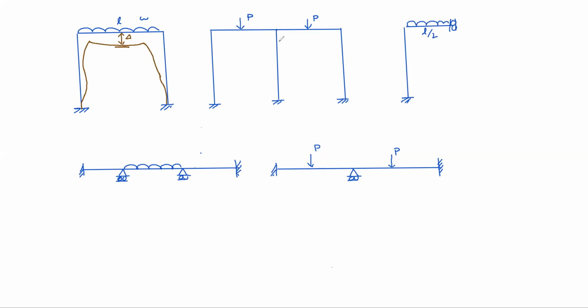Here, in the second one, if you draw that deflection pattern, something like this. Here, at the center, I mean at the axis of symmetry, you are not getting slope or deflection.